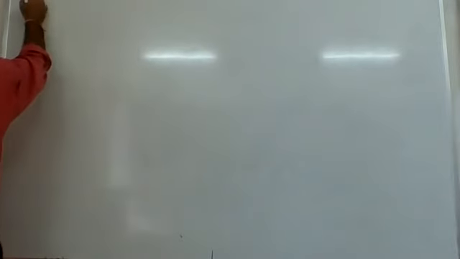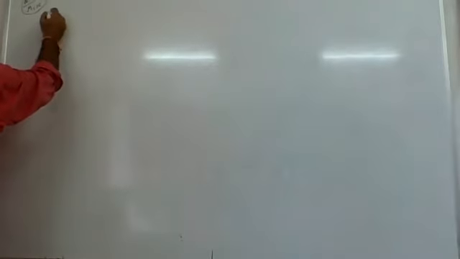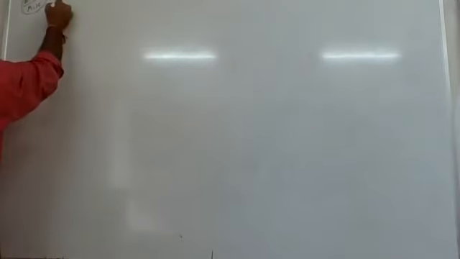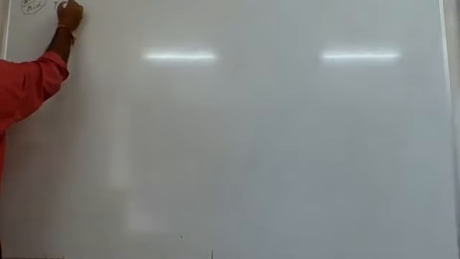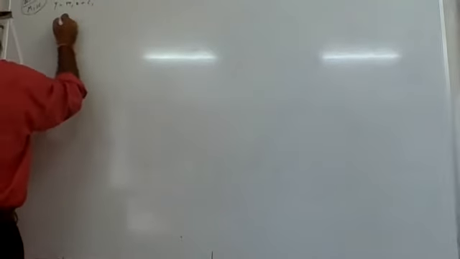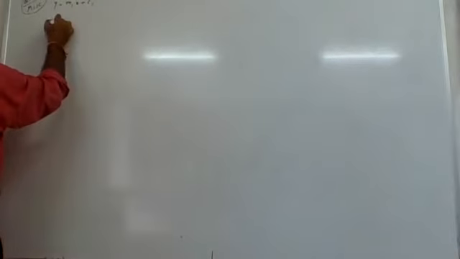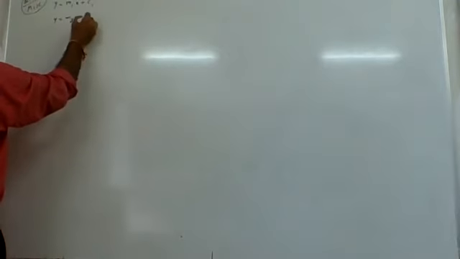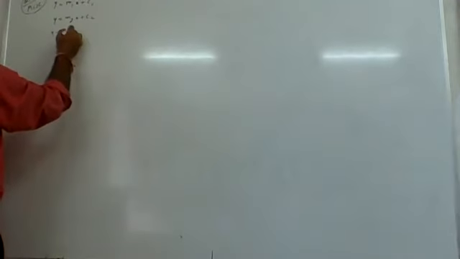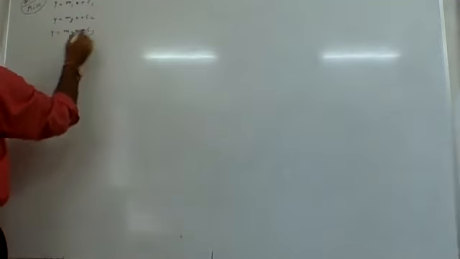There are 3 lines in question number 10. Please see, question number 10, exercise miscellaneous, straight line. It has given us that there are 3 lines whose equations are y is equal to m1x plus c1, y is equal to m2x plus c2, y is equal to m3x plus c3.